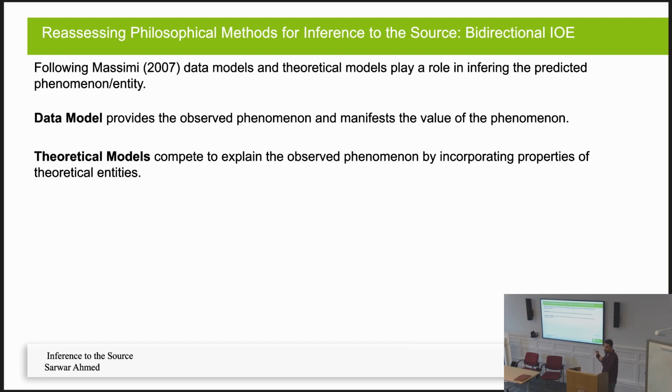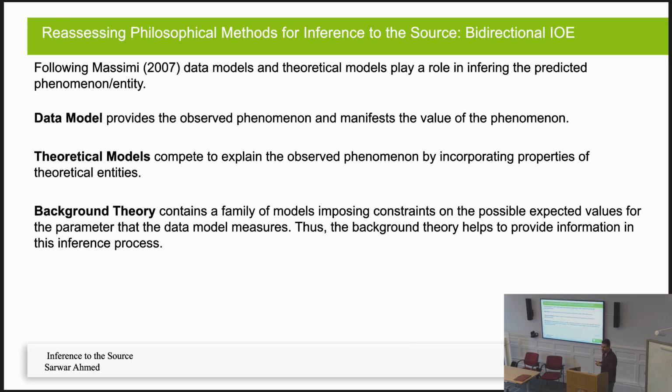So for her, the observed phenomenon is actually the signal or the data, because she is still in the camp of the empiricists, for whom the concept of observation is not extended beyond the naked eye. And then we have the background theory, which contains a family of models imposing constraints on the possible expected value for the parameter that the data model measures. So to some extent, the background theory helps to provide information in the inference process.